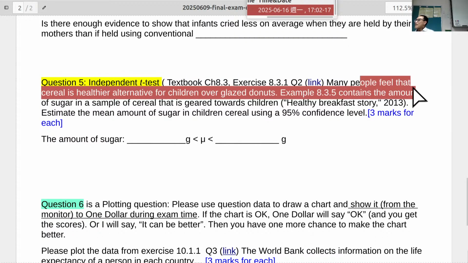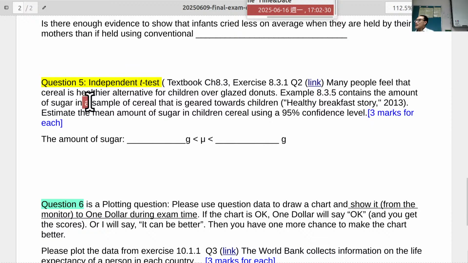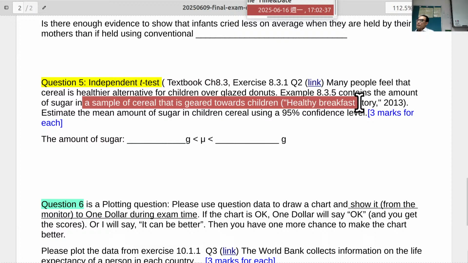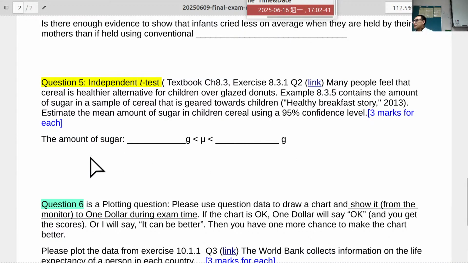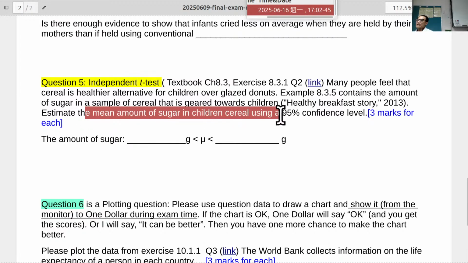Many people feel that cereal is a healthier alternative for children over a glazed donut. An example contains the amount of sugar in cereal that is geared toward children. Healthy breakfast story. Okay. Estimate the mean amount of sugar in children's cereal using a 95% confidence interval.